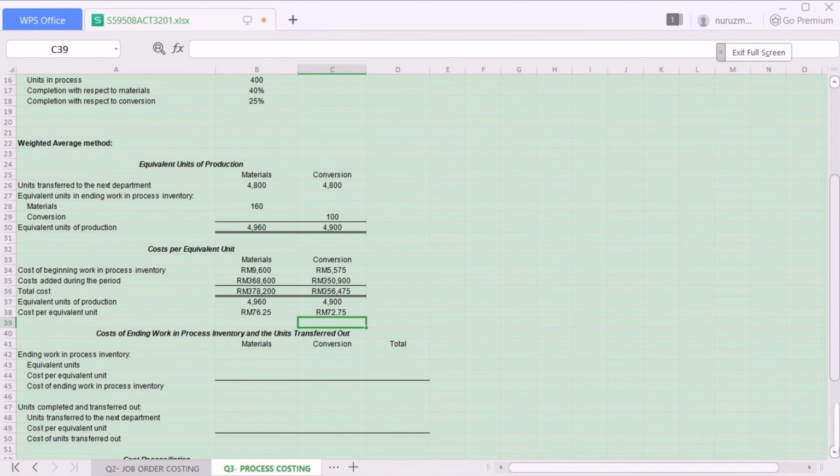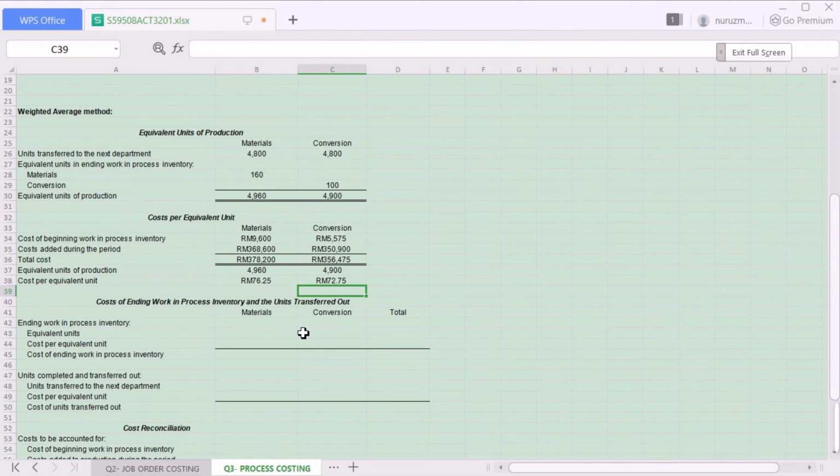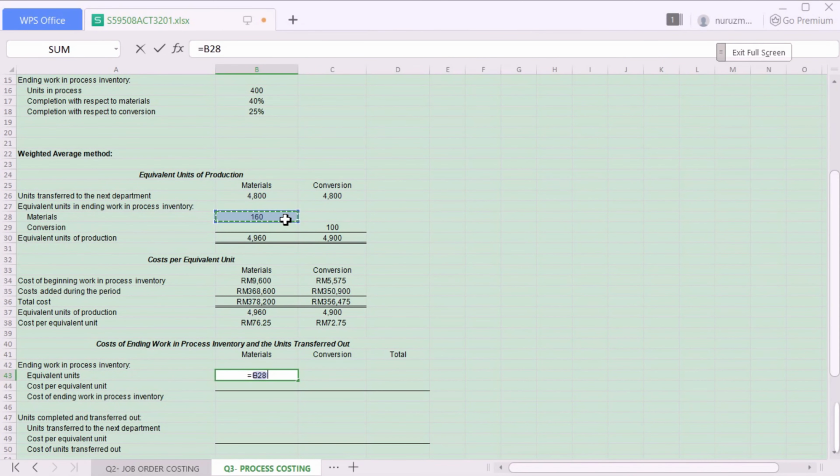Next, cost of ending work in process inventory and the units transferred out. Ending work in process inventory equivalent units for materials 160, and for conversion 100. Cost per equivalent unit, we just calculated at the top, 76.25 ringgit, and for conversion 72.75 ringgit.